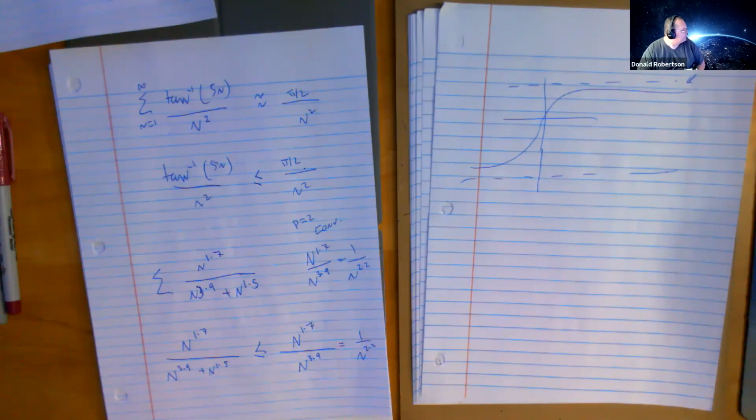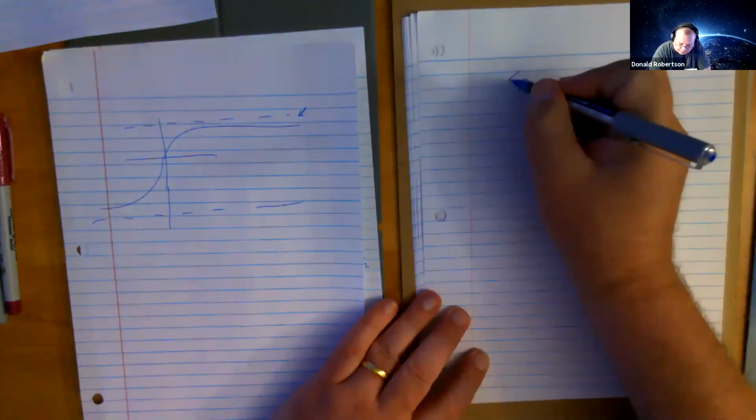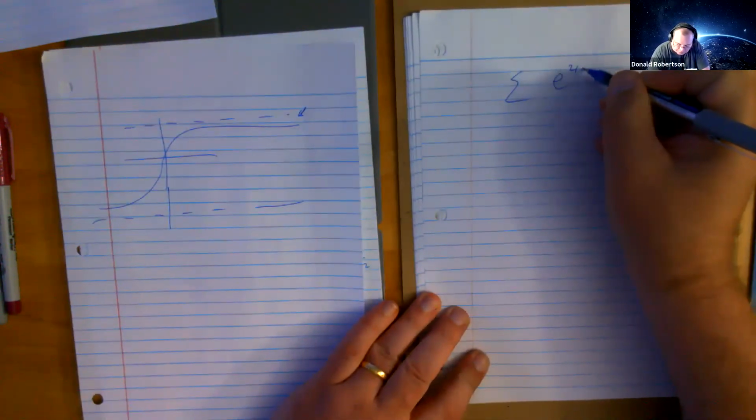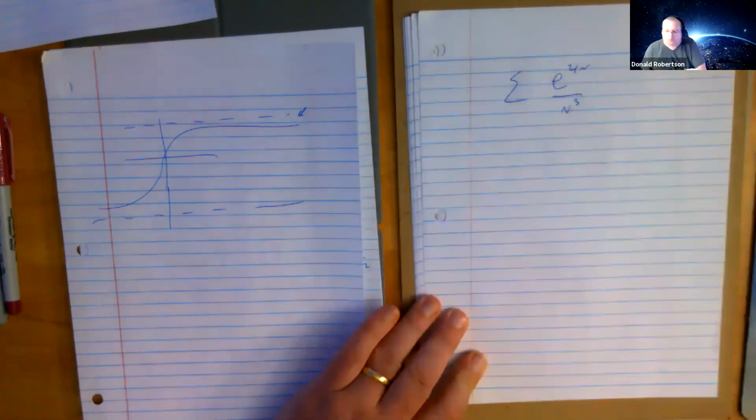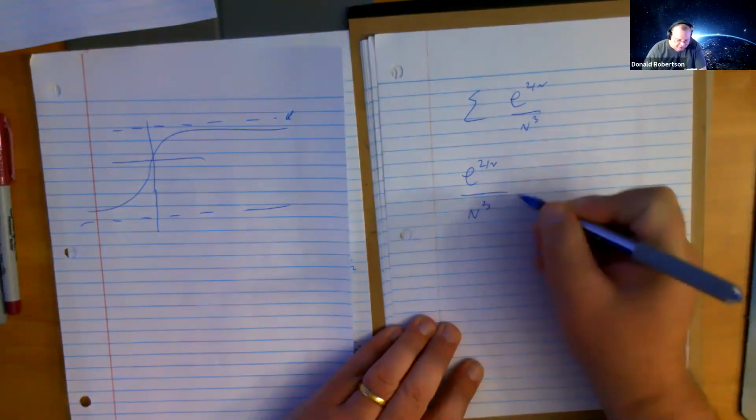Just checking some guys out here. Got a problem here. I have to know whether it converges or diverges so that I can figure out what direction to make that guy go, right?